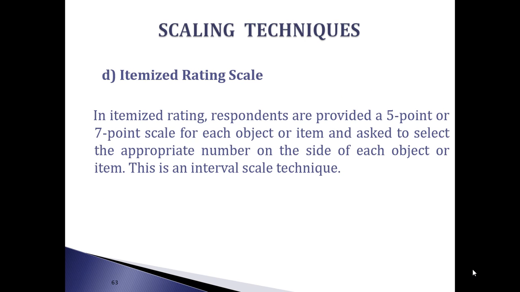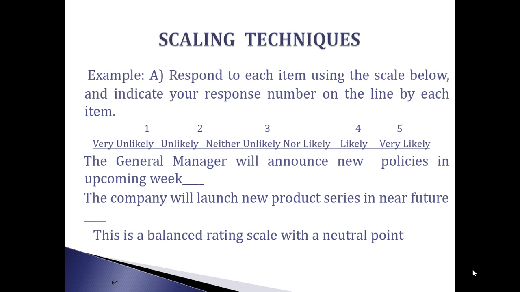Itemized rating scale. In the itemized rating scale, respondents are provided a 5-point or 7-point scale for each object or item and asked to select the appropriate number beside each object or item. This is an interval scale technique.